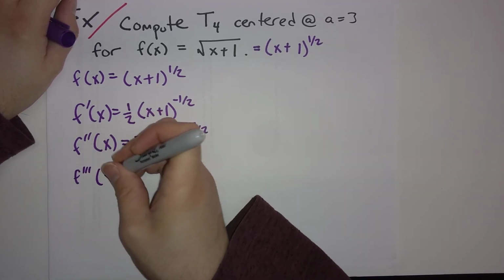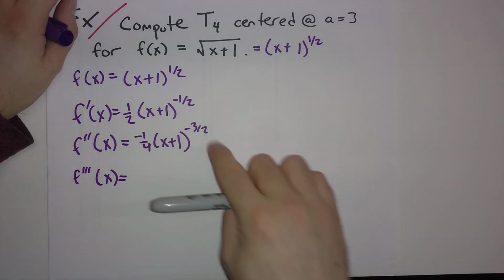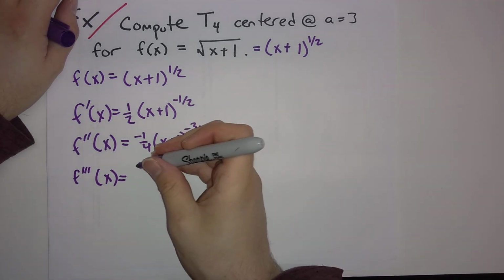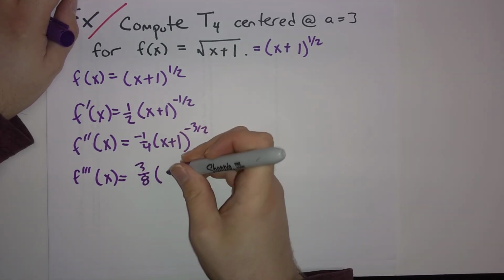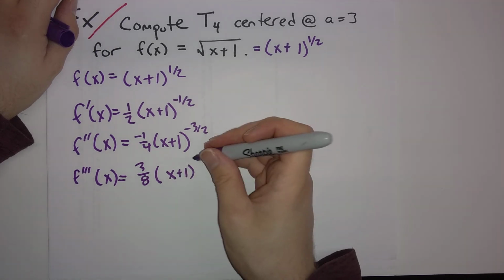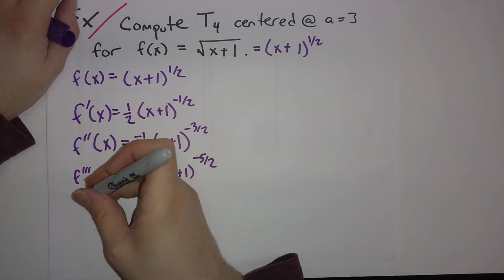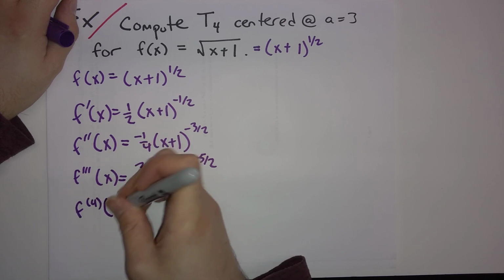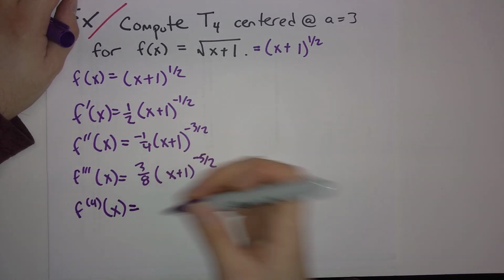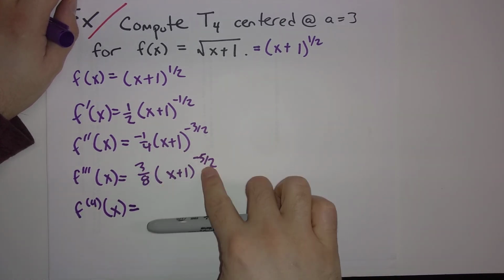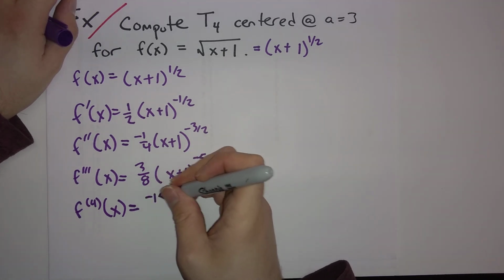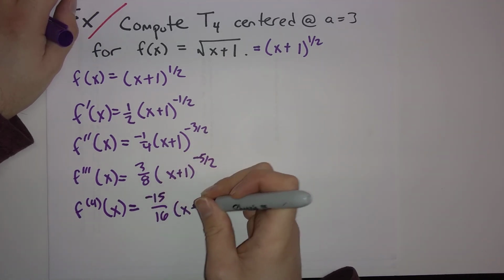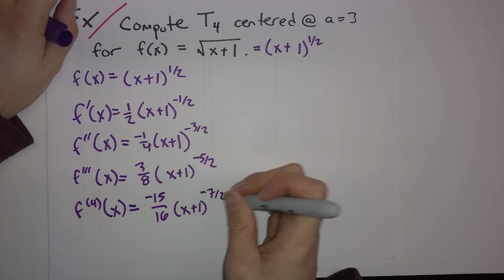f triple prime of x is, bring down that minus 3/2 to get 3/8 times (x plus 1) to the, I guess that would be minus 5/2. And our fourth derivative, one more derivative, gives us minus 15 over 16 times (x plus 1) to the minus 7/2.